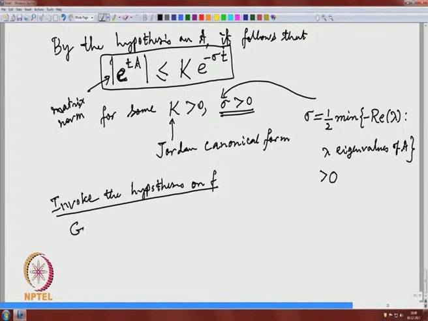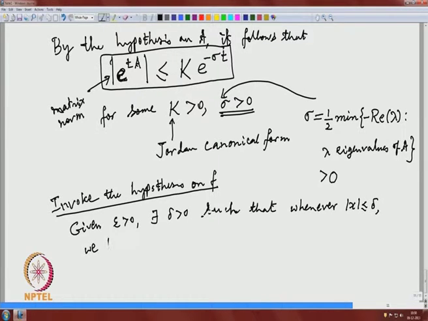So, given epsilon positive, there exists delta positive such that whenever the norm of x is less than or equal to delta, we have the norm of f(t, x) is less than or equal to epsilon by k times the norm of x, uniformly in t.